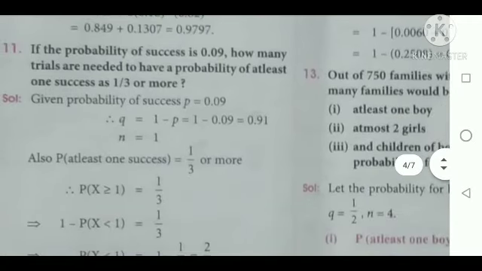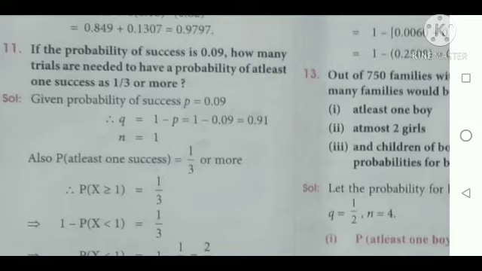Next question. If the probability of success is 0.09, how many trials are needed to have a probability of at least one success as 1/3 or more? Given probability P equal to 0.09, it is given in the question itself.